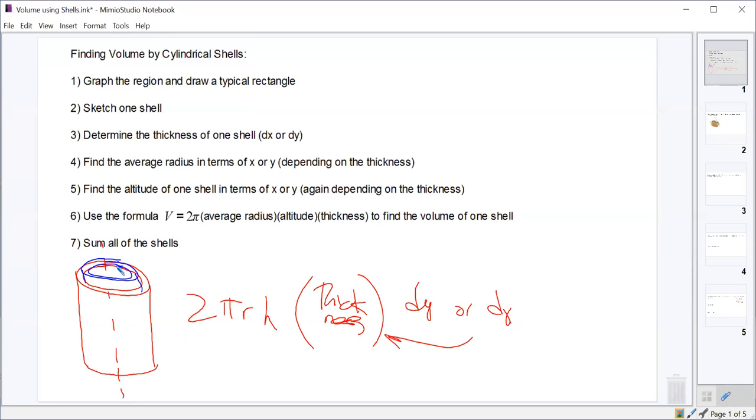And based on the nature of your function, maybe the region looks like this, right? Each of these cylinders is getting smaller as I go towards the y-axis. I might have another one inside of here that's even a bit smaller.